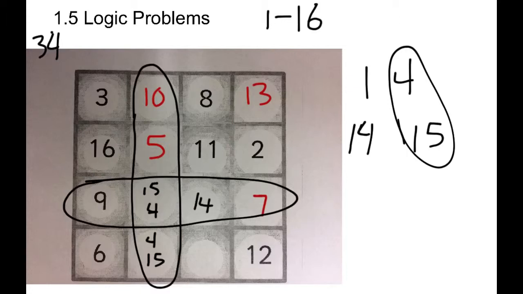So the 14 has to go there, or the 4, right? It could go the other way around. But we knew this one had to be 15 or 4. So 4 and 14, it has to go in that order. So we pretty much have the puzzle solved. If this one had to be a 4, that means this one had to be 14.